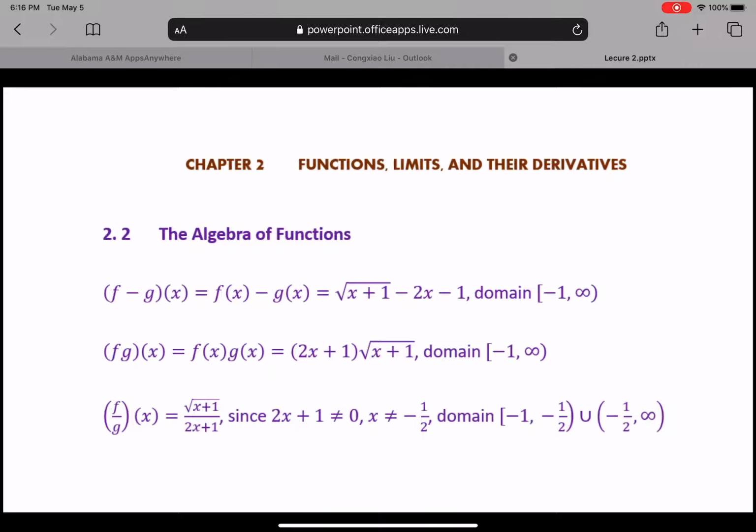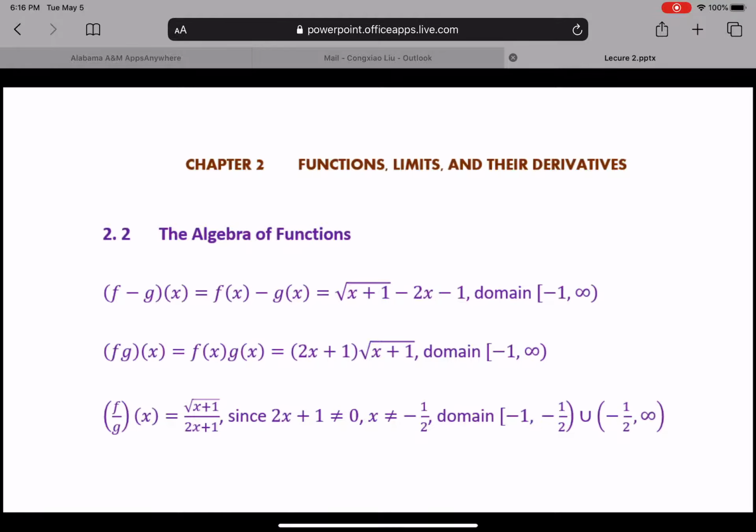Then we can also multiply the two functions f and g to get another function, which is 2x plus 1 times the square root of x plus 1. We usually write the square root part at the back. The domain is again from -1 to infinity, as we did for the sum and difference of f and g.